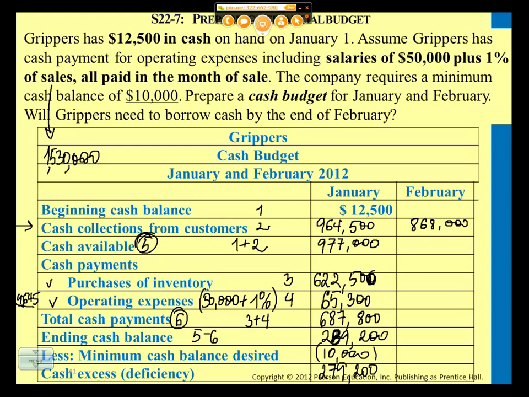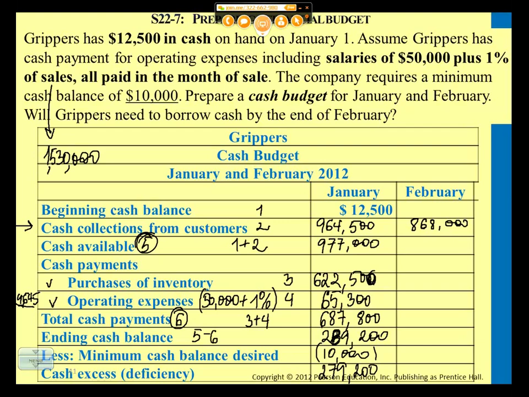Or take away 10,000? Okay, so we found the cash excess or deficiency of some amount, right? And then we said that minimum cash balance desired is 10,000. We did the financing part there, right? We had 2,950 available.